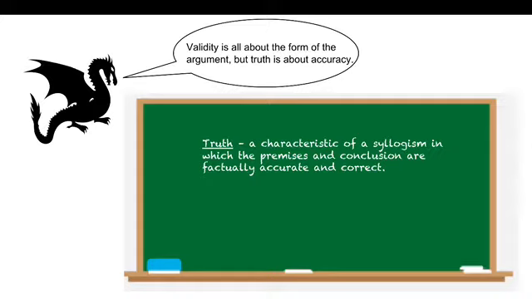And he defines truth this way, as a characteristic of a syllogism in which the premises and conclusion are factually accurate and correct. And I like what he says there. It really helps you make the distinction. Validity is about form. Truth is about accuracy.